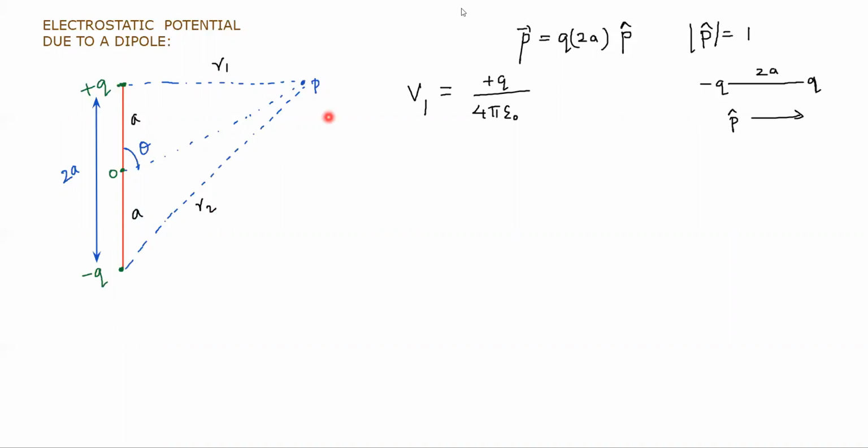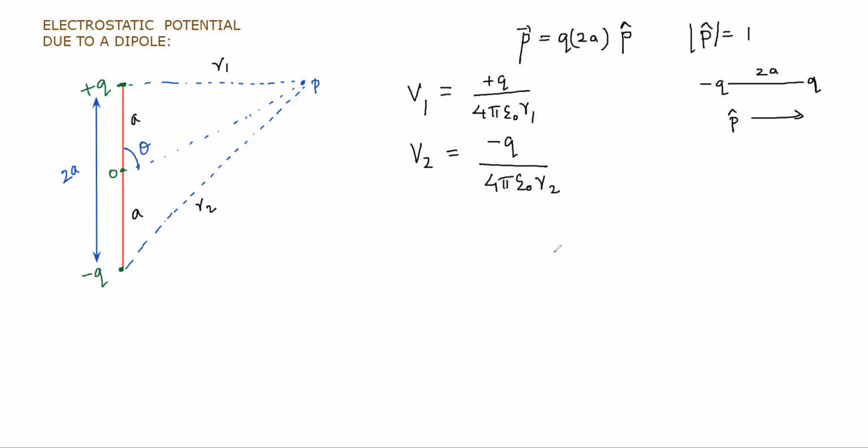As we know the distances, we can easily write the potential. So V1 equals Q by 4 pi epsilon naught R1, and the potential due to the second charge, the minus charge, let it be V2, is given by minus Q by 4 pi epsilon naught R2.